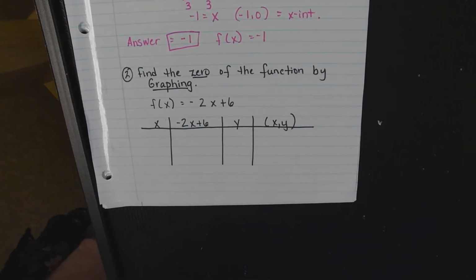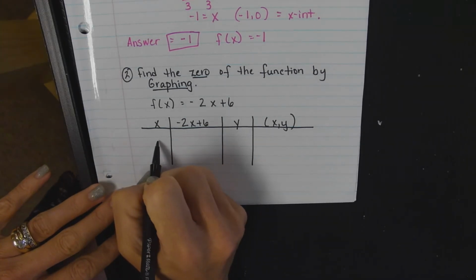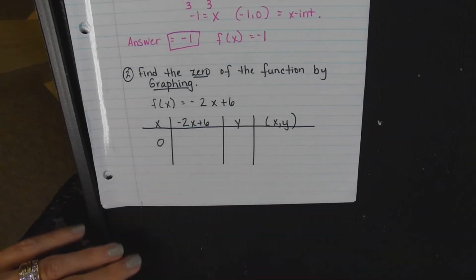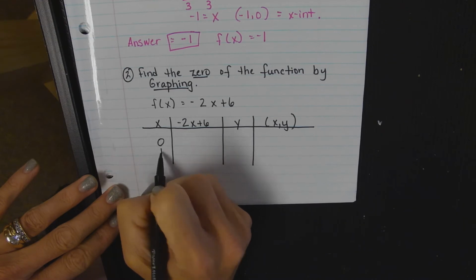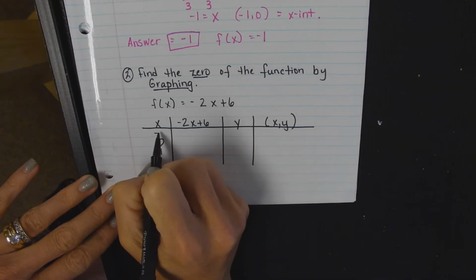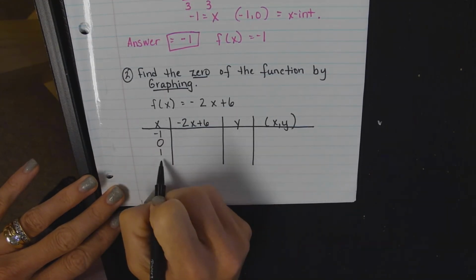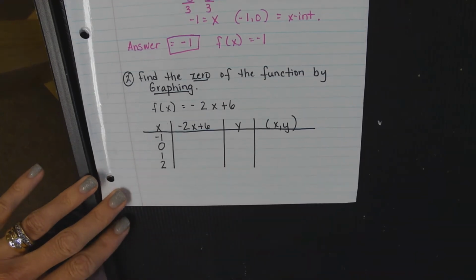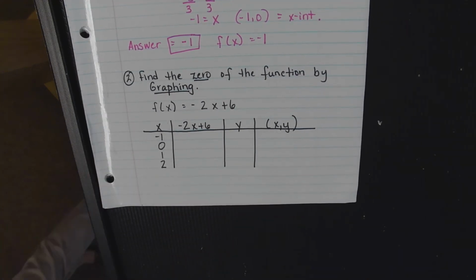So what do we want our x's to be? What's the easiest one we usually try? 0. Let's do 1, and I'm going to do -1. And I'm going to go ahead and throw in 2. So we have 4 x's, and all we're doing is trying to find the 0.